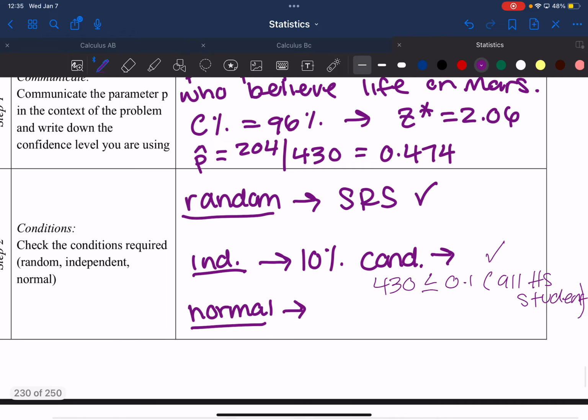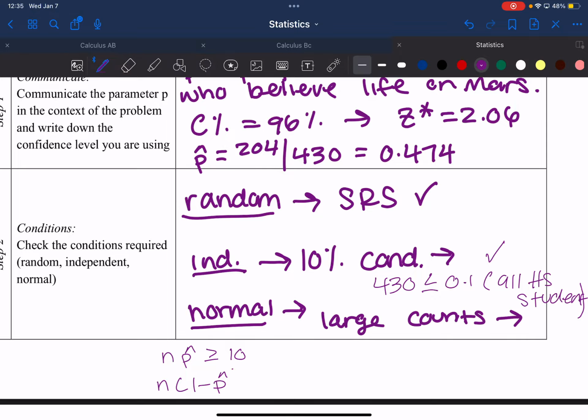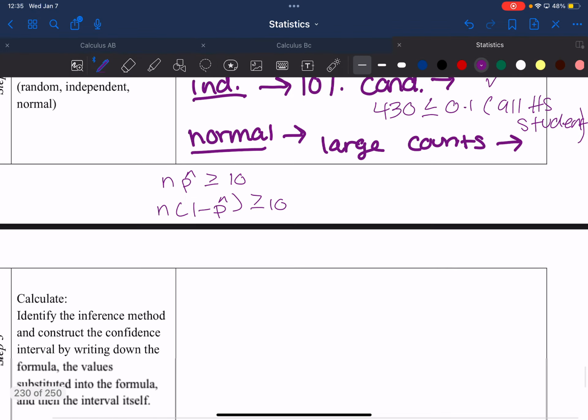Okay, for normal, we have to use which condition? Large counts. The only difference in the large counts formula is instead of P, we use P hat. So this is N times P hat. Who remembers the rest of the formula? Greater than or equal to 10. And the other one is N times 1 minus P hat, greater than or equal to 10.